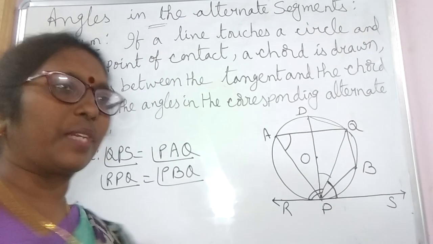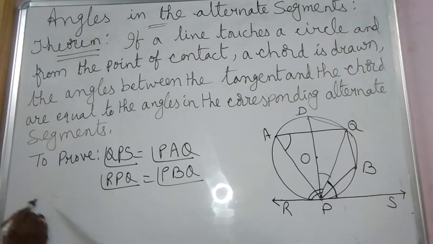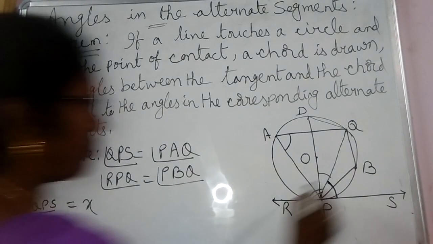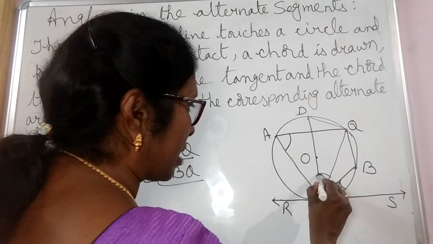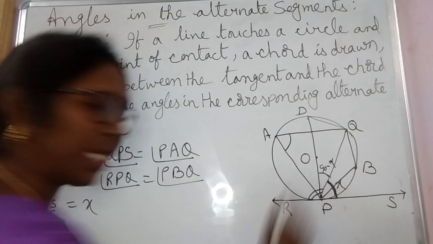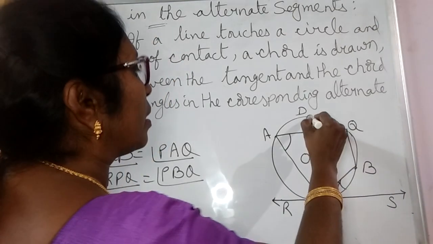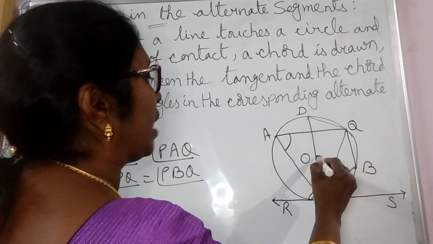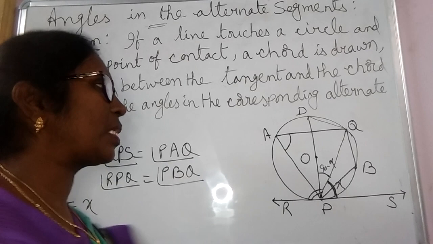For our easy understanding, let us take angle QPS as X. If this is X, this is 90 minus X, because the complete angle is 90 degrees. Now, this line PD is passing through the center, so PD is the diameter of the circle.